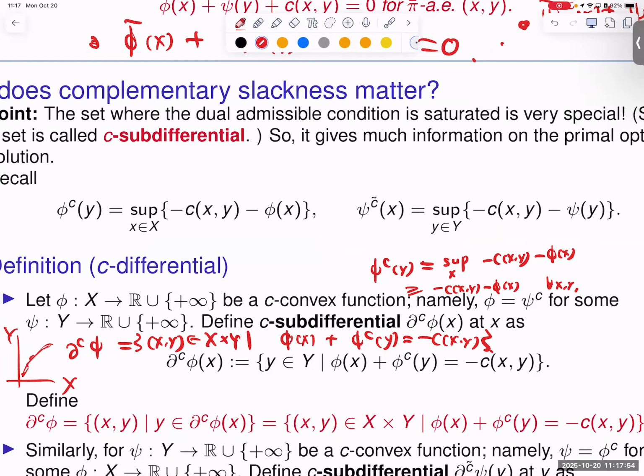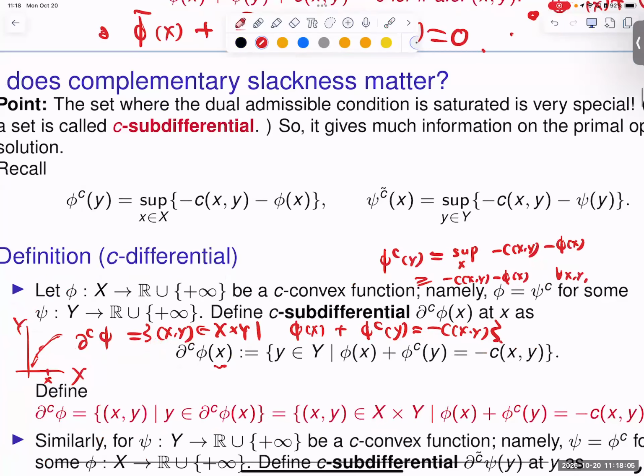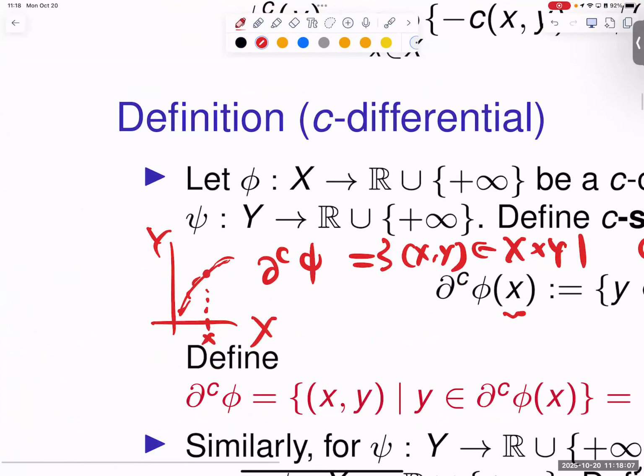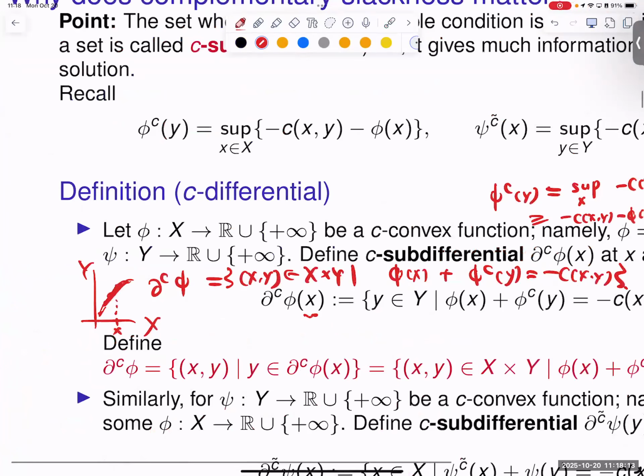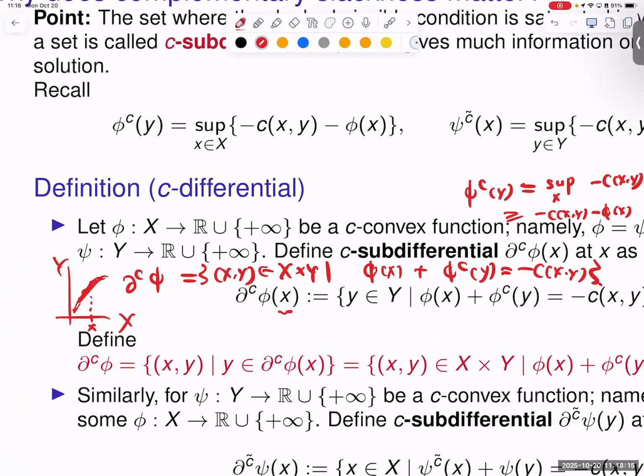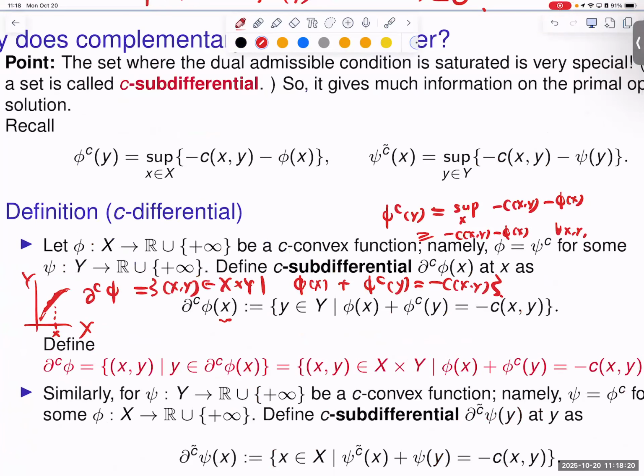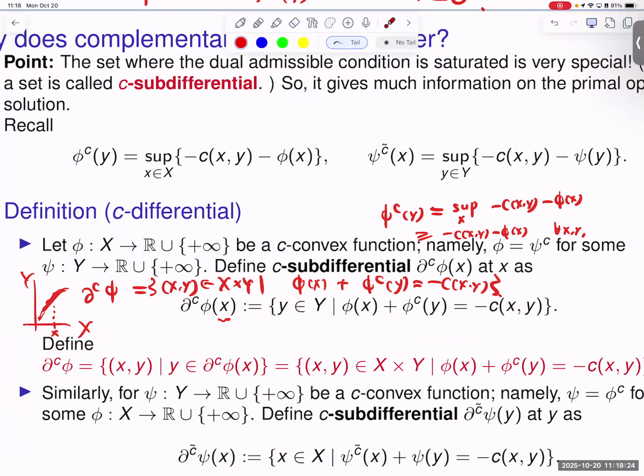And then the c-subdifferential of phi at a particular point x: you just pick x here, and then you pick the corresponding y's in this set. So this is nothing but the set of y where this equation is satisfied.